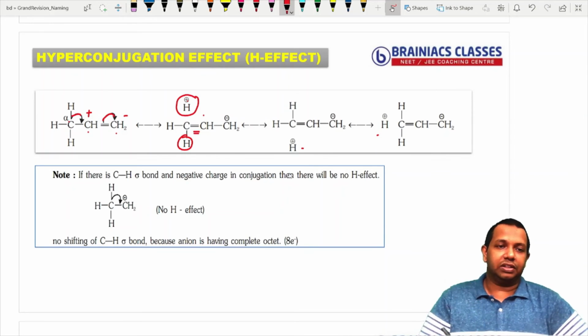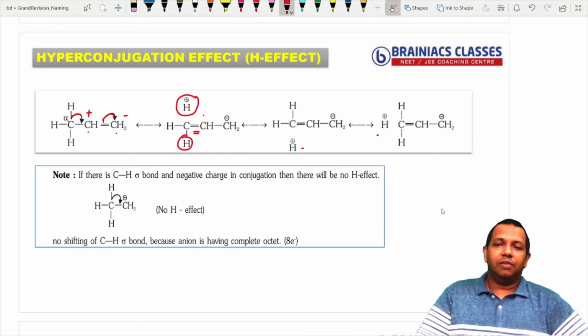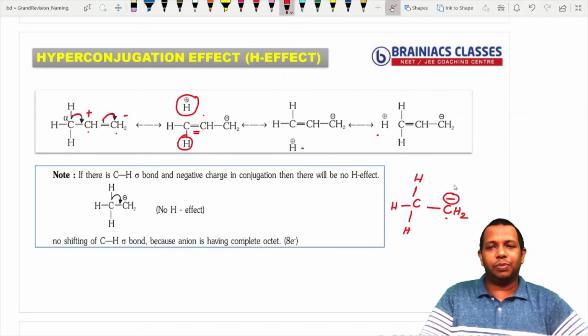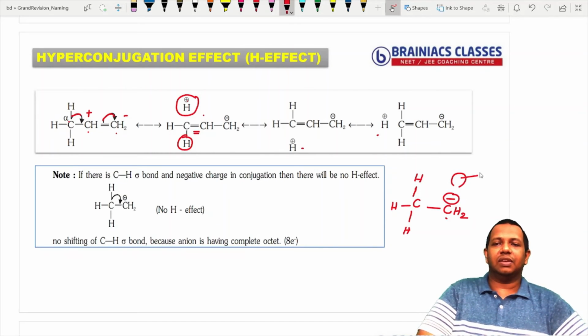One important thing I am going to repeat here: whenever a carbon has a negative charge like this, CH2 negative, and the nearby carbon atom has a hydrogen atom like this, there will be no hyperconjugation. Why? Because this carbon atom does not have any deficiency; the vacant p orbital is absent.